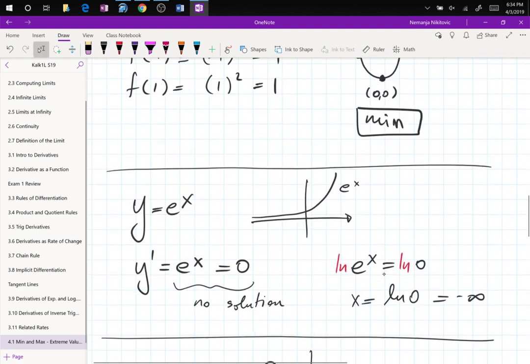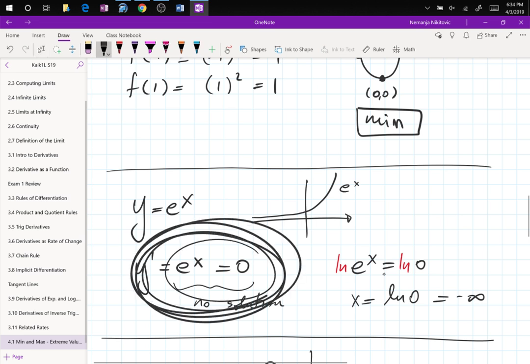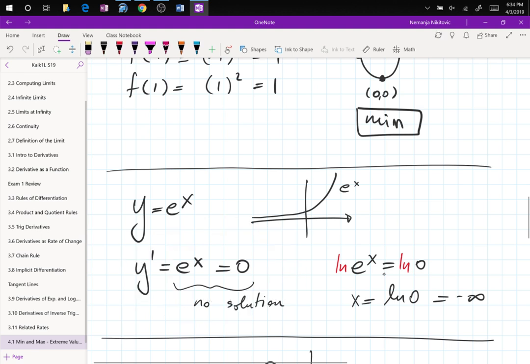I go back to my e to the x now, and I show you the equation here. And in this equation, the left-hand graph is the e to the x graph. The right-hand side is the x-axis. Didn't I say that they will never intersect? If they never intersect, what they don't have? No solution. They don't have a solution. So no solution in that case.